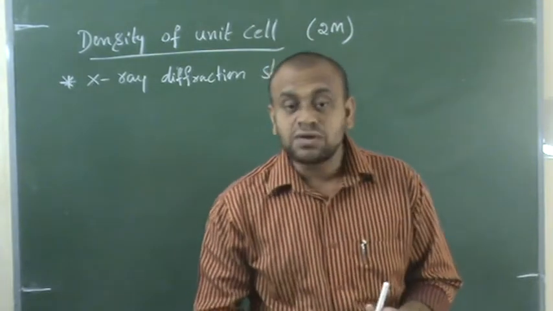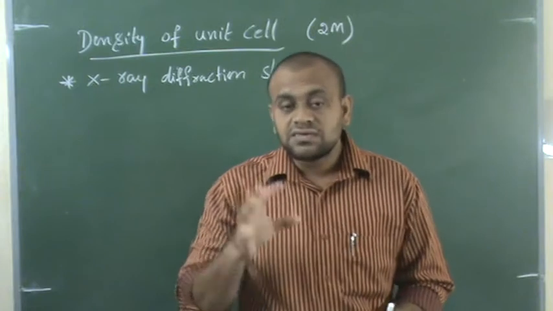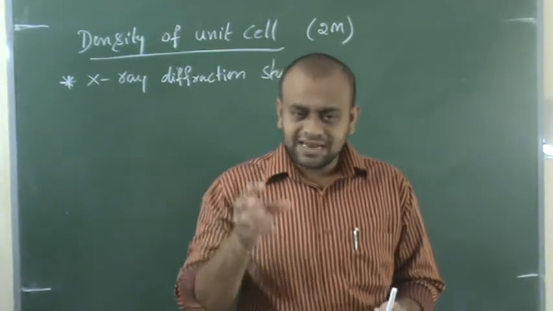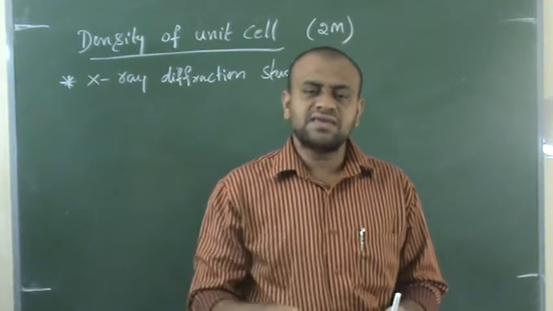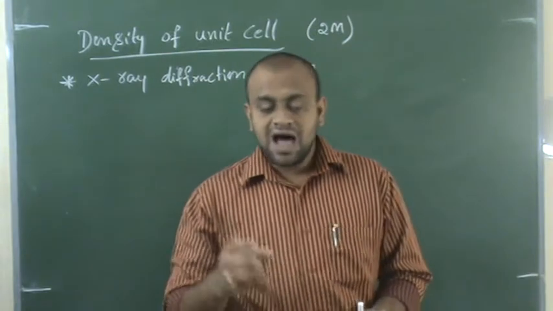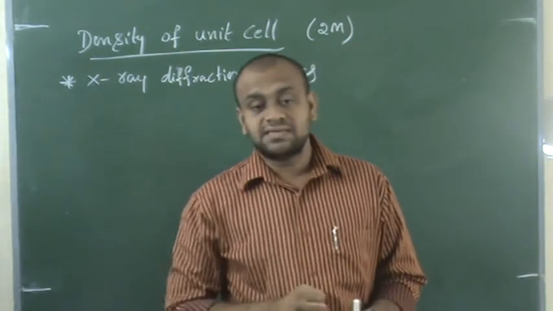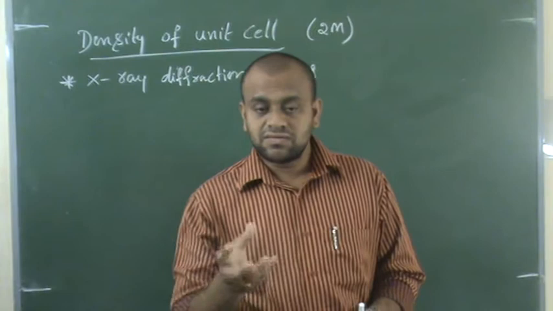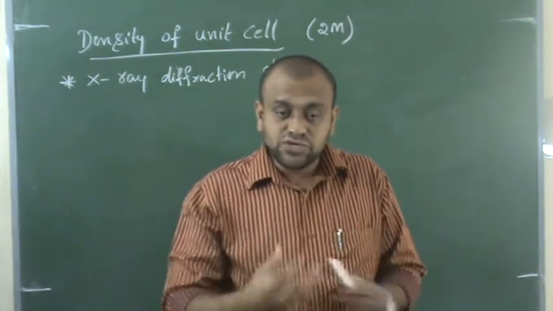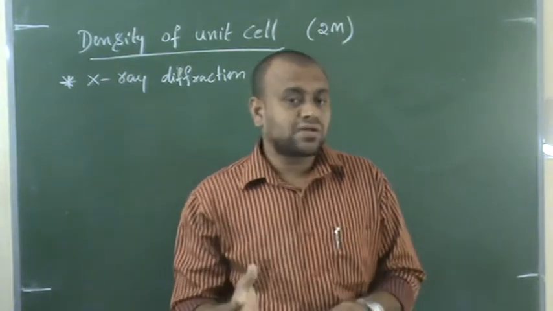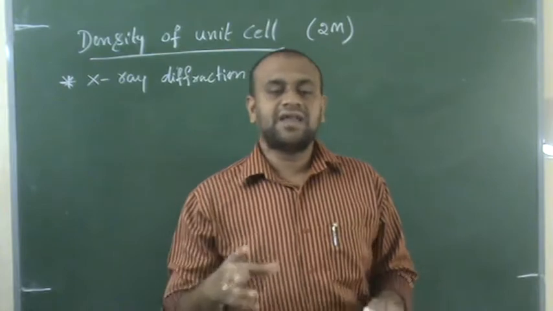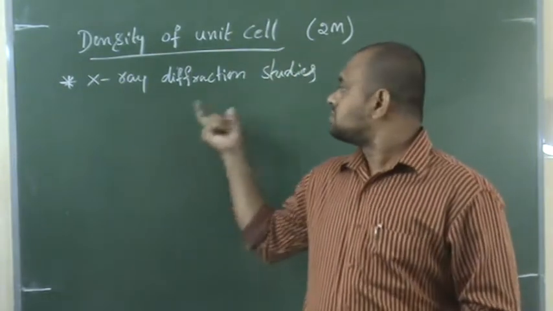We can find out what kind of unit cell it is, whether it is primitive, BCC, FCC, that is also based on X-ray diffraction studies. And to know the nature of the substance, in which form it is, rhombic, monoclinic, I already told you the types of crystals, all these things can be identified by X-ray diffraction studies.